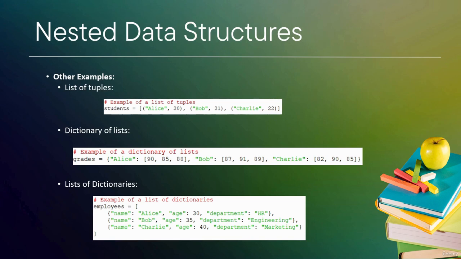If you look closely, the keys here, for example name, age, and department, could be the names of the three columns. Then Alice, 30, and HR is one row, then Bob, 35, and engineering is the second row, and so on. So it is kind of like a CSV or Excel data structure.